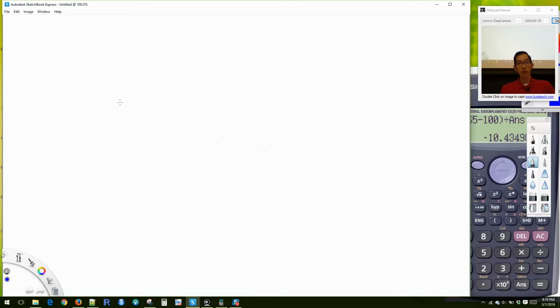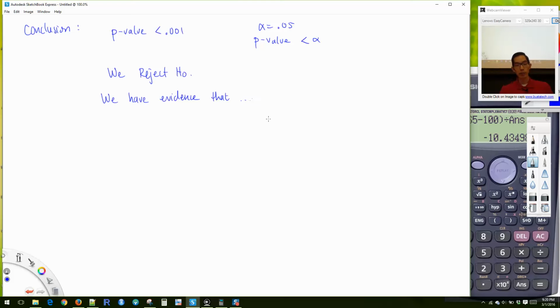And lastly, our conclusion. My p-value is less than 0.001. If my alpha is 5%, is my p-value smaller than alpha? Yes, my p-value is smaller than 5%. My p-value is less than alpha, so we reject the null. We would say we have evidence that, what did our alternative hypothesis state?